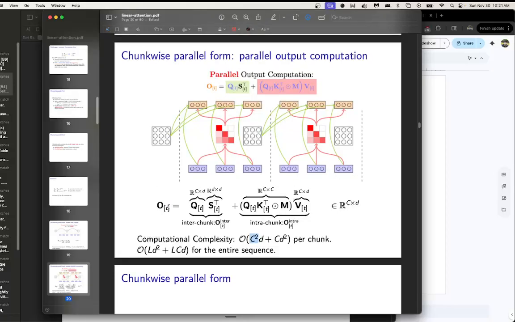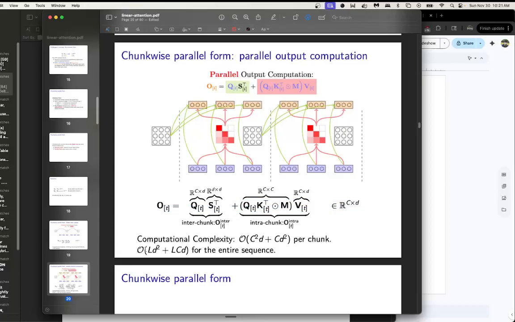So we can see here the output projections for a given chunk of tokens is going to be the stacked query vectors for those tokens, multiplied with our hidden state, plus then the normal quadratic attention within the chunk, quadratic with respect to the chunk size.